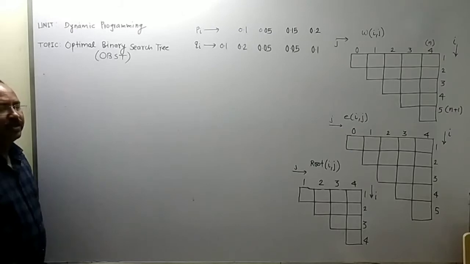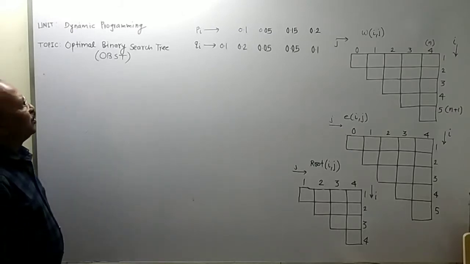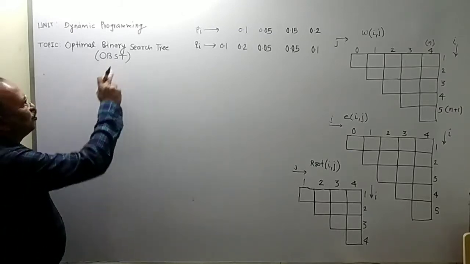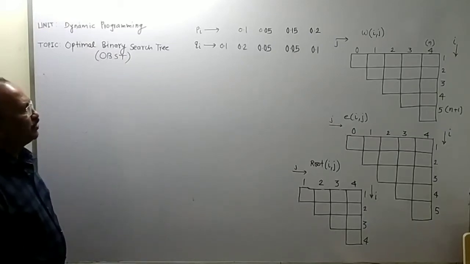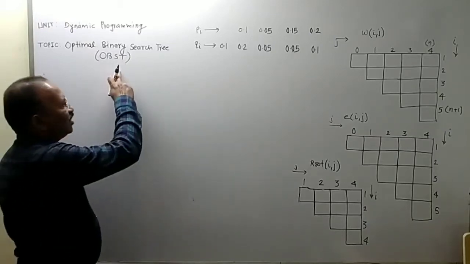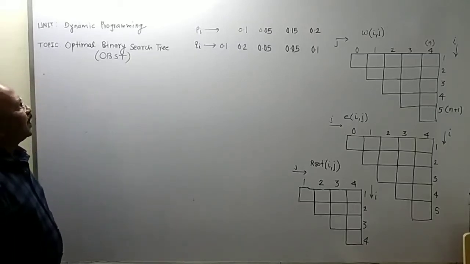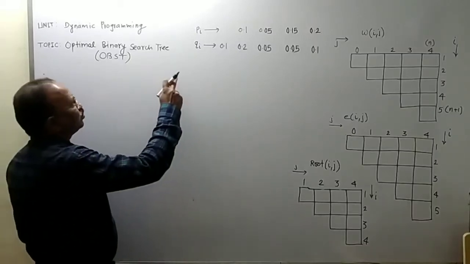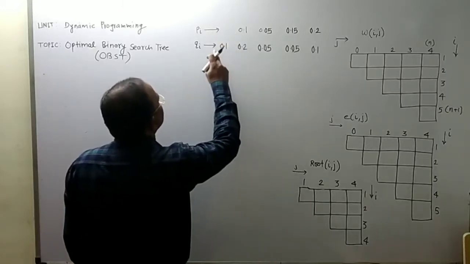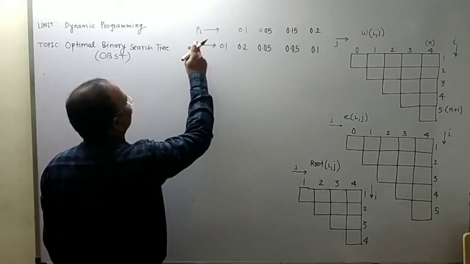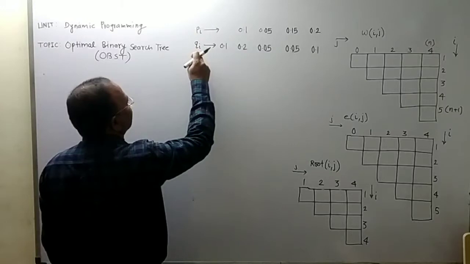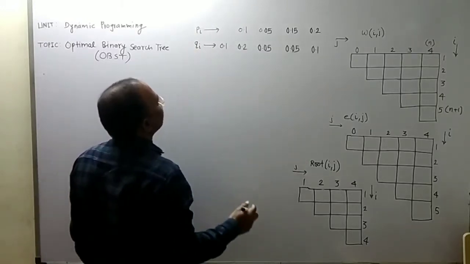In this video we will discuss a numerical problem based on the OBST to get the OBST and its expected searching cost. So input is given, that is the actual keys, the probabilities of the actual keys, and the probabilities of dummy keys.